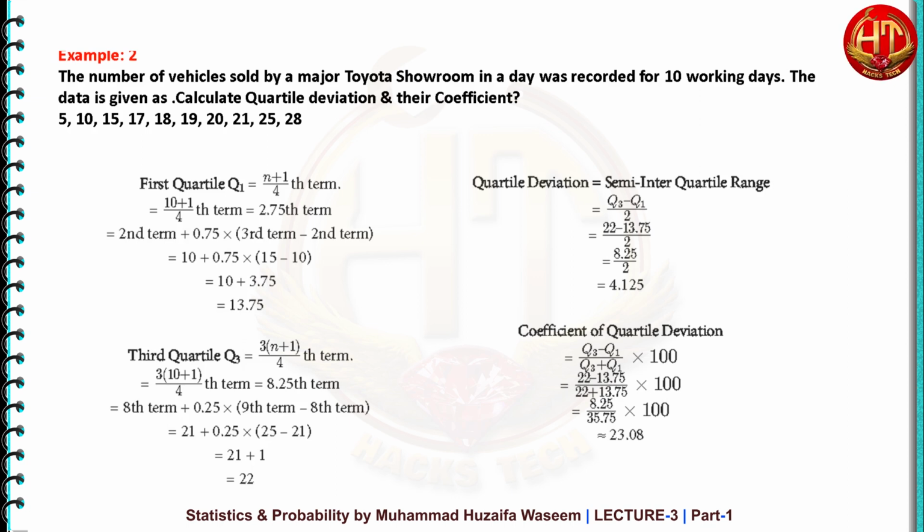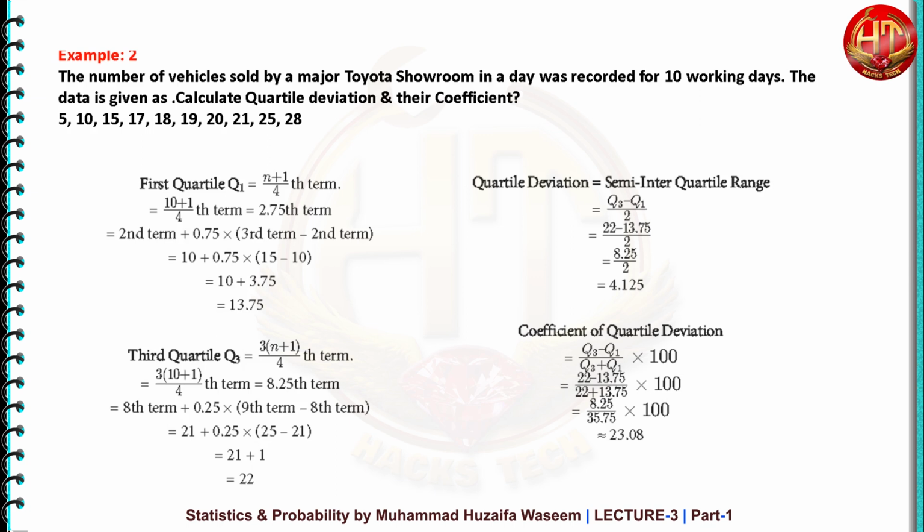The third quartile is equal to 3 multiplied by 2.75 term, which is equal to the 8.25 value. 8 term plus 0.25 multiplied by 9 term minus 8 term in the given series. So the 8 term is 21 and the 9 term is 25. Put the values in the given formula. So your third quartile answer is 22.